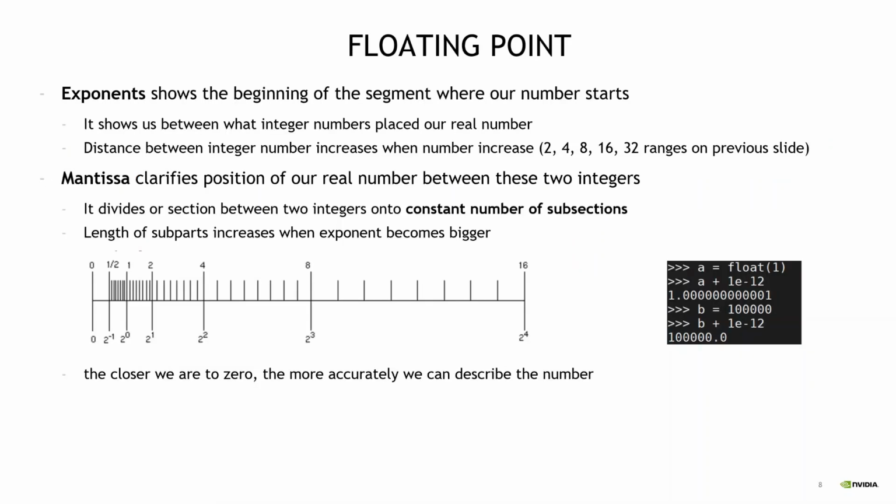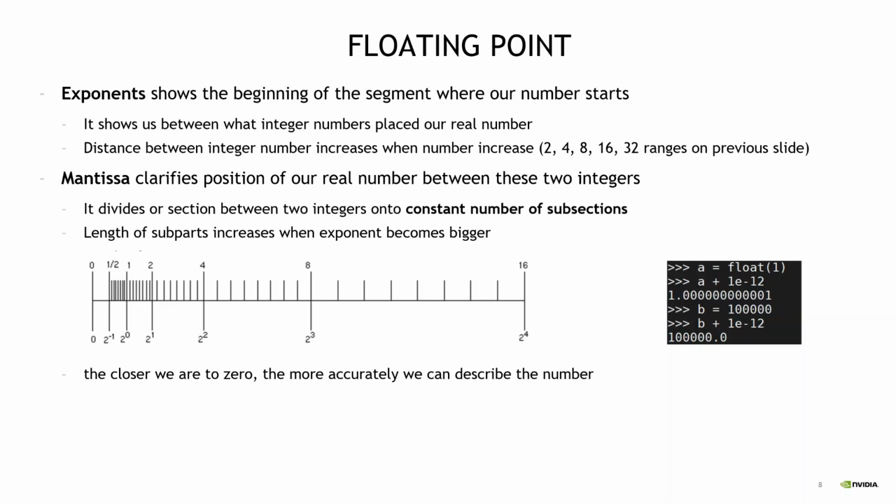It's important to understand that the exponent shows the beginning of the segment where our number is placed. It shows us a window between which integer numbers our real number is placed. The distance between integer numbers increases when the number stored in the exponent increases. You can look at the distances between 2, 4, 8, and 16 below. The distance between the next numbers on the line is getting bigger.